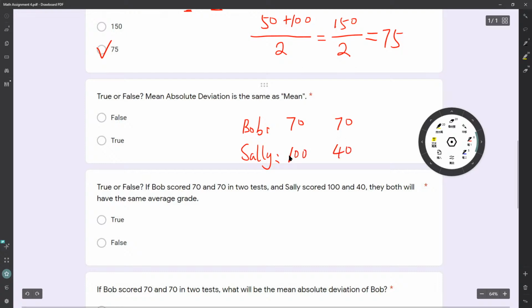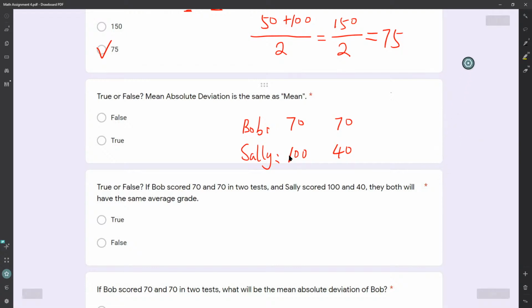In this case, let's write down the mean. For Bob, if we put 70 and 70 together as 140, then equally divide among two tests, the mean for Bob is 70. And the mean for Sally is also, 100 plus 40, that's 140, then equally divide among two tests, and that also gives you 70.